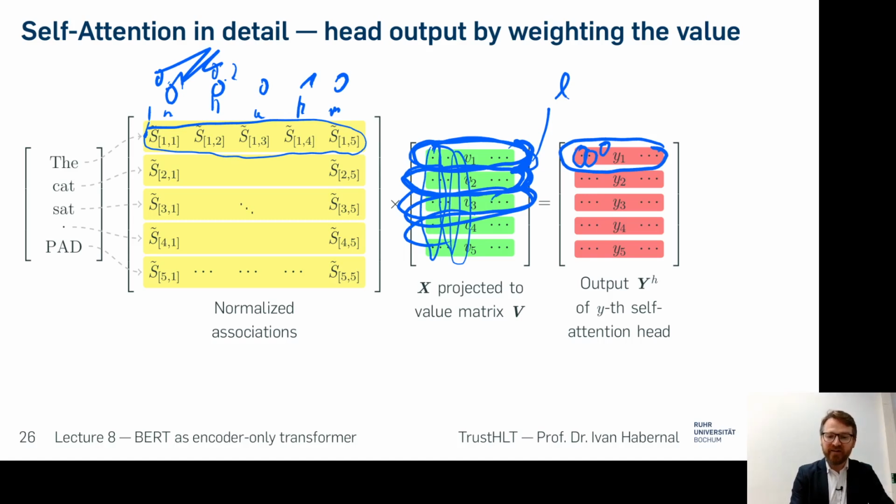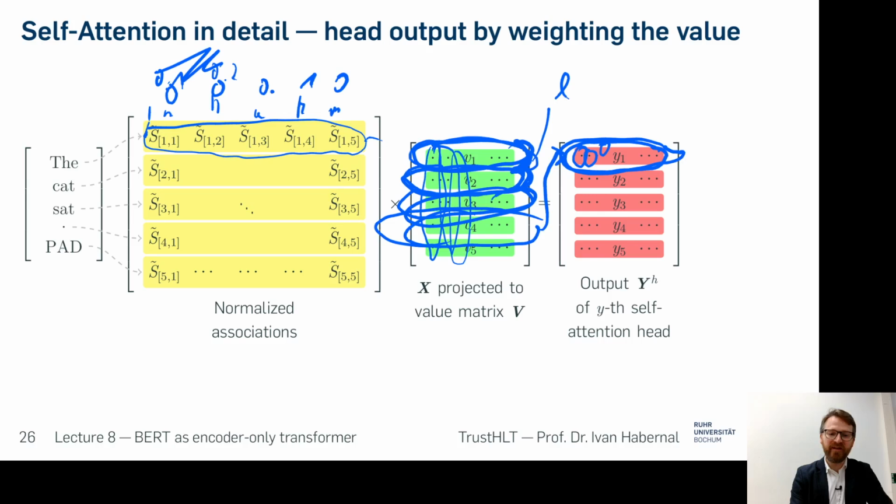Then the resulting row would be what? If you do the matrix multiplication, you end up with just the fourth vector, v4. Right?